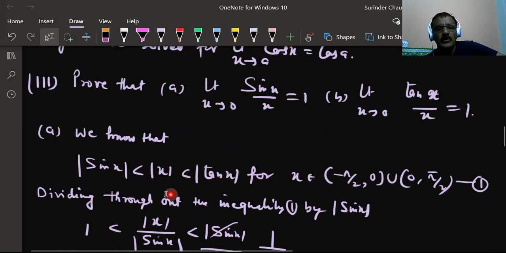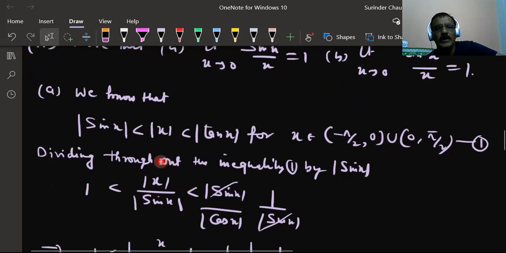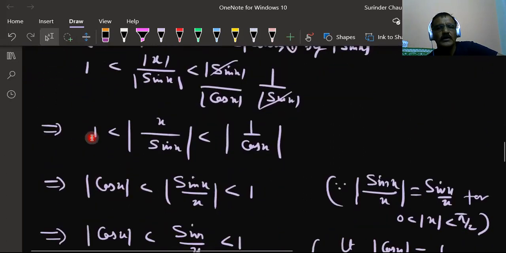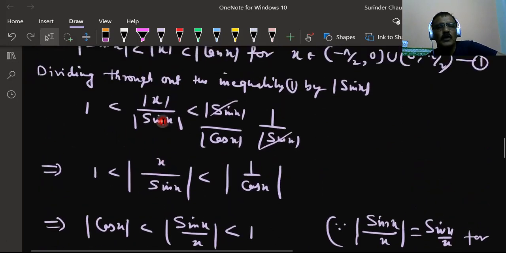Divide the inequality by modulus of sin x, which is a positive number. The modulus of sin x cancels, and we get 1 is less than modulus of x upon modulus of sin x is less than 1 upon modulus of cos x, since the modulus of a quotient is the quotient of moduli.